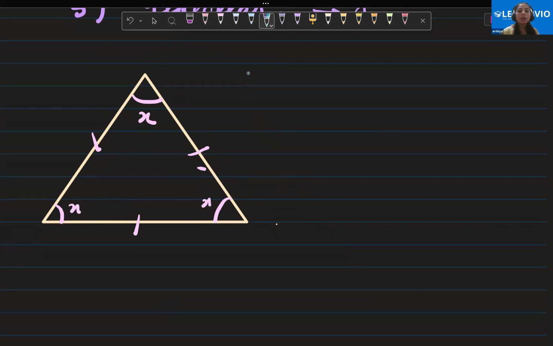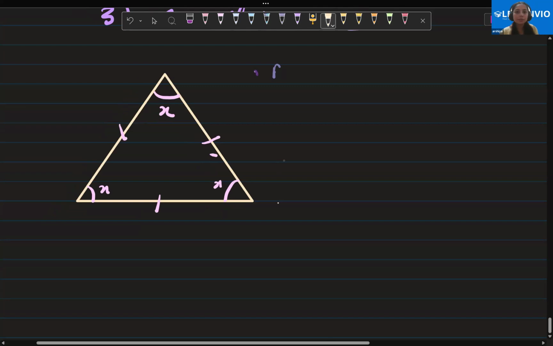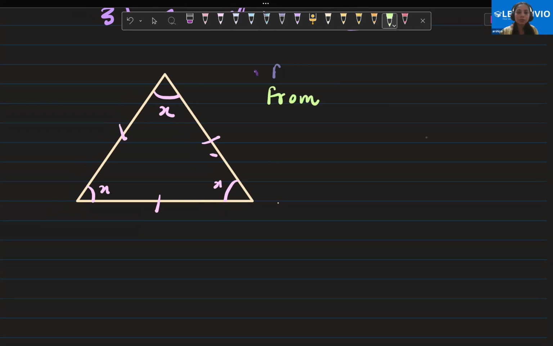Now, from angle sum property, what do we know from angle sum property? Am I audible?